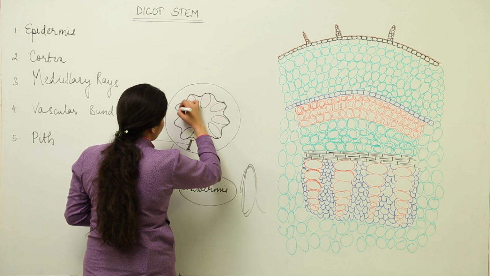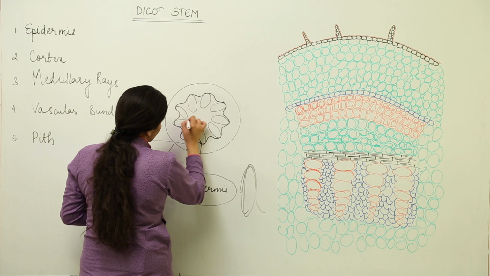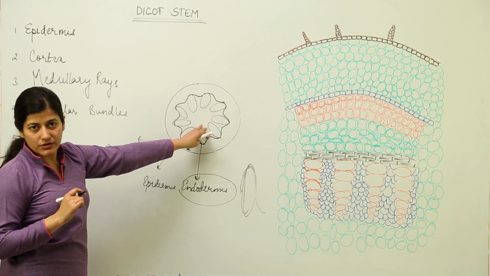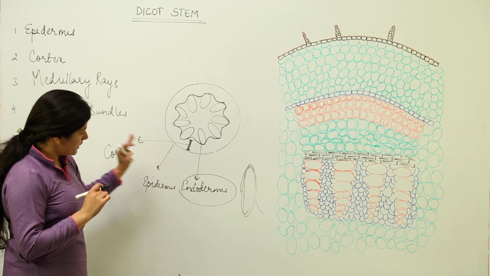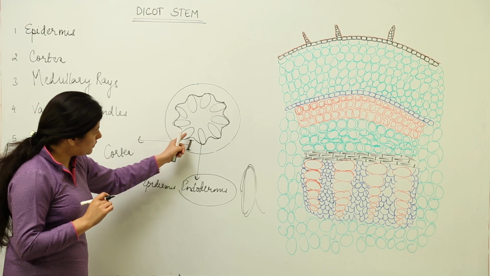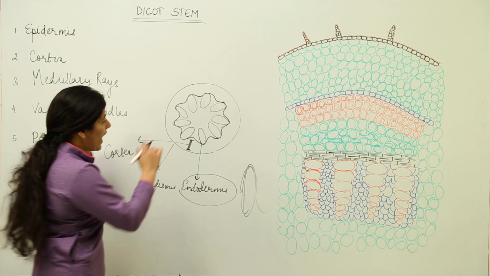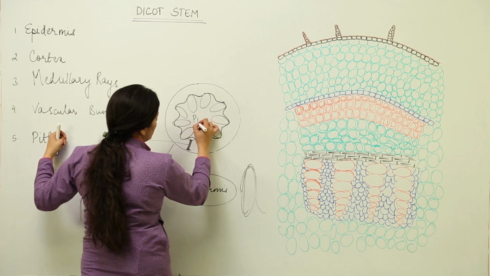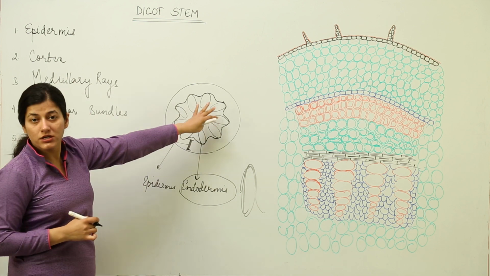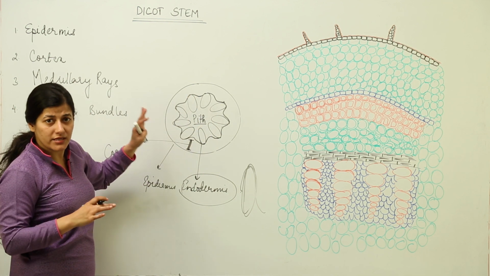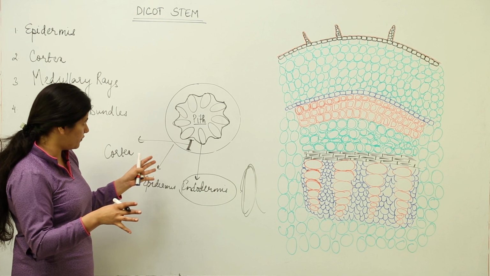Alright, this is the roughest representation just in order to have an idea. So, these are the vascular bundles. What we have done till now: epidermis followed by cortex followed by endodermis, in between we have a vascular bundle, and in the center we have a large conspicuous pith. So, this is what a dicot stem is basically, an overview if I may say.